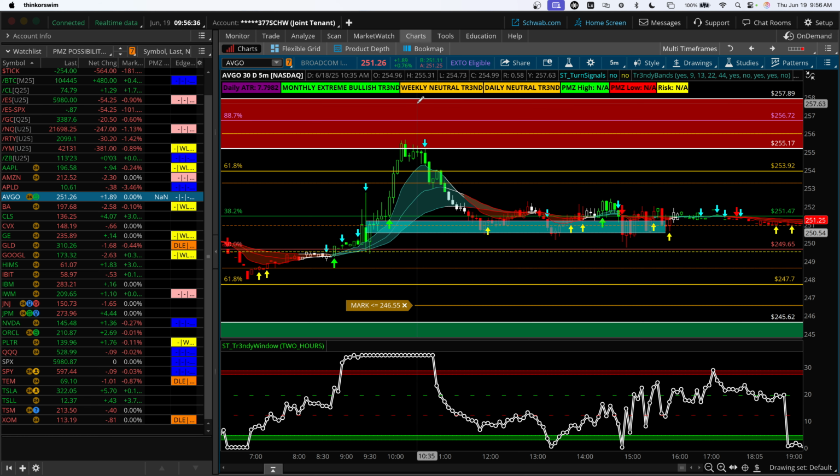All right. After price hit my final target, this 2-hour inside and down candle formation, you can see that you definitely got a reversal.